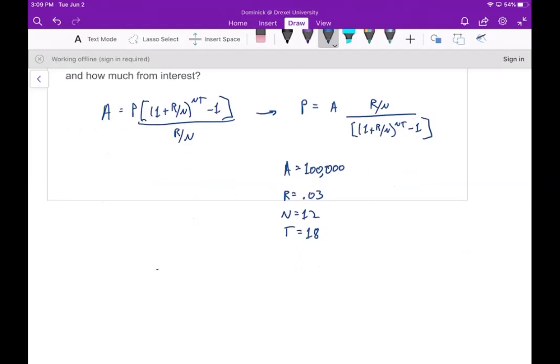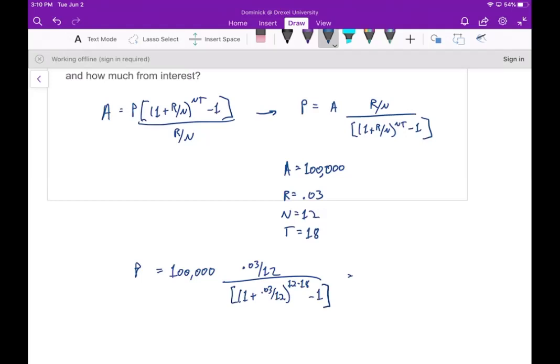So in order to find this, I have to do 100,000 times R over N, so 0.03 over 12. And we're dividing that by 1 plus R over N. Oops, we know R over N now, 0.03 over 12, to the 12 times 18, minus 1.